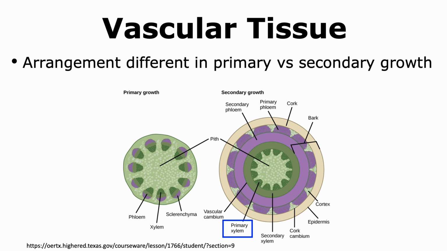Surrounding the primary xylem is the secondary xylem, which in turn is surrounded by the vascular cambium, which is the lateral meristem that gives rise to the secondary xylem and phloem. The secondary phloem surrounds the vascular cambium, and it in turn is surrounded by the primary phloem.